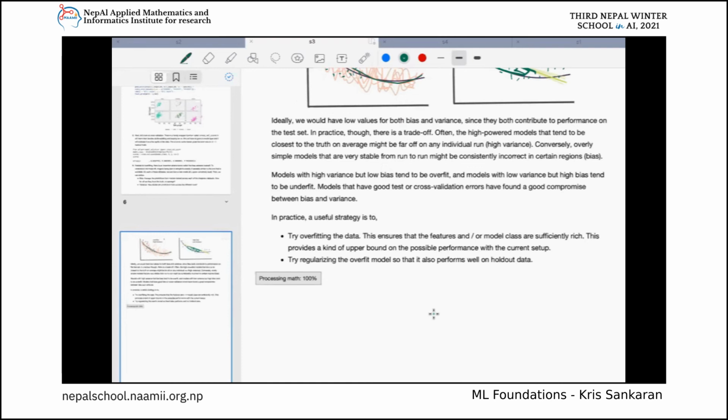It creates an upper bound for the possible performance. Once you have an overfit model, then you can try changing the amount of regularization for different parts of the curve so that it stabilizes a little bit. But I think this is often easier than having a totally underfit model and then not being able to really do anything from an under-rich set of features.